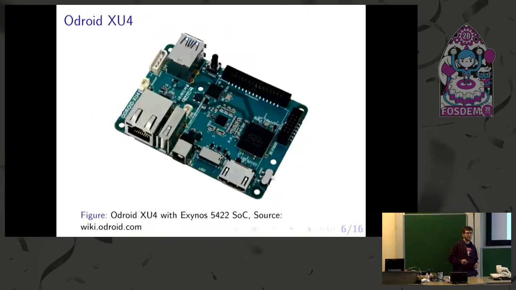This is Odroid XU4. It is based on the Exynos 5422 SoC, and it has been a reference platform for Tizen OS for the past couple of years, and almost everyone in our office has one in their drawer. That's why we chose it for this proof of concept.